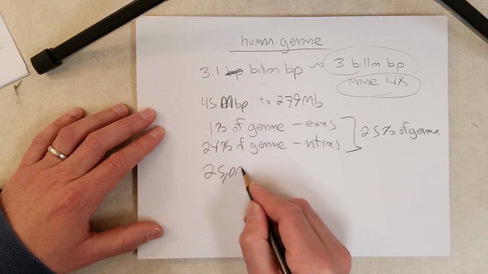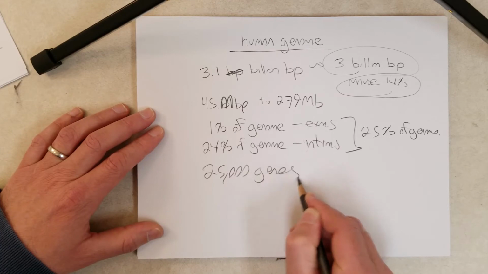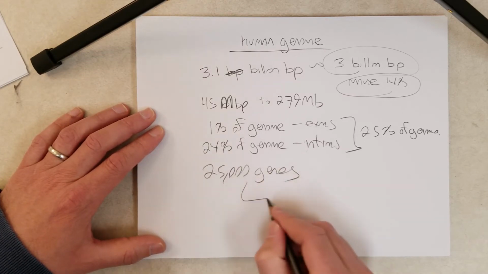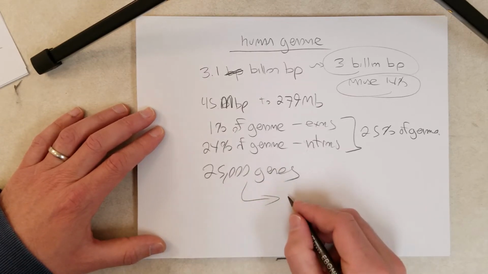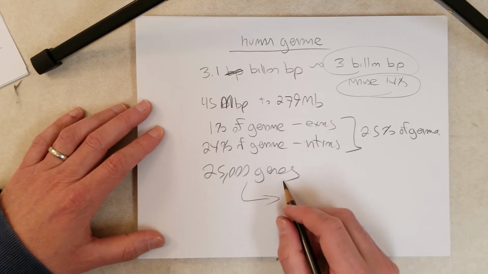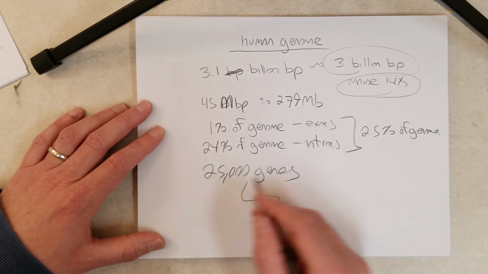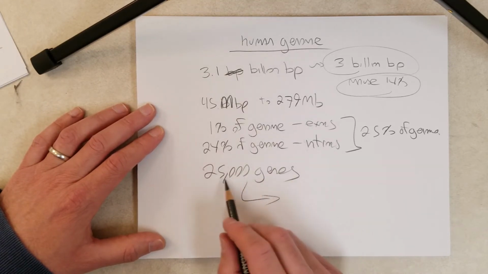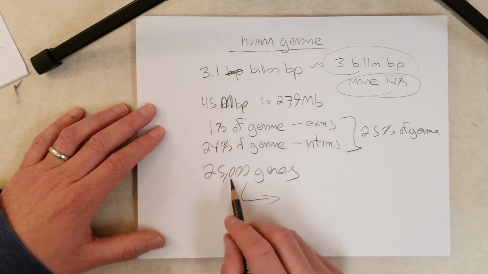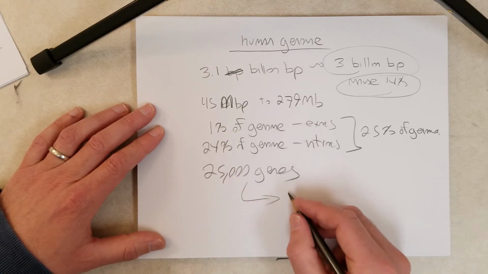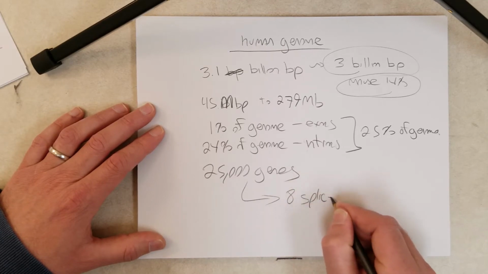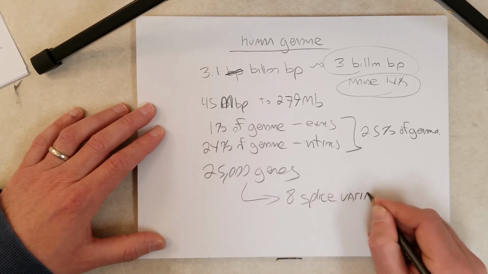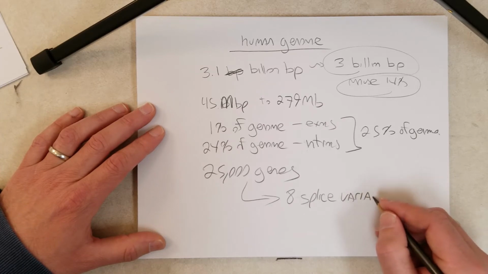And only 25,000 genes. Each gene is thought to include the protein coding genes, at least 25,000 protein coding genes. So each protein coding gene is thought to have an average of 8 splice variants. We talked about alternate splicing previously, splice variants.